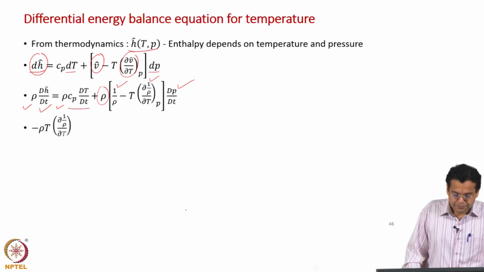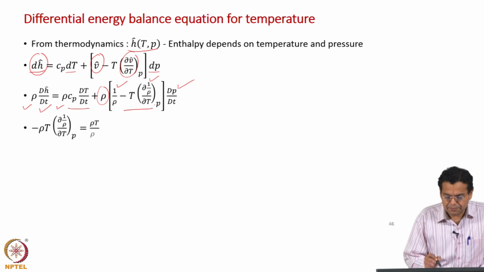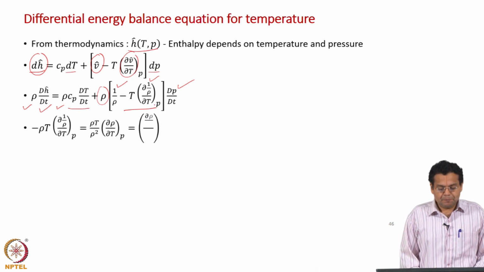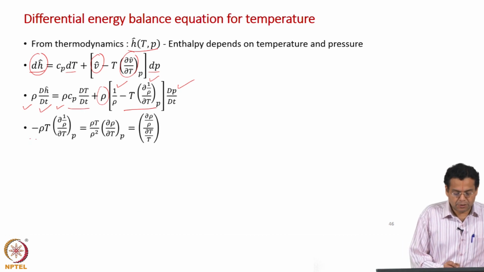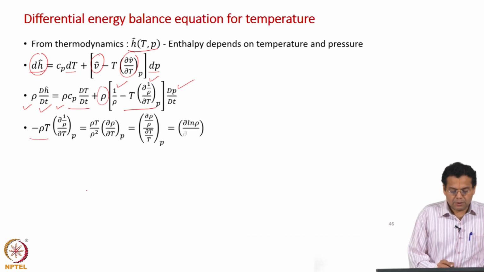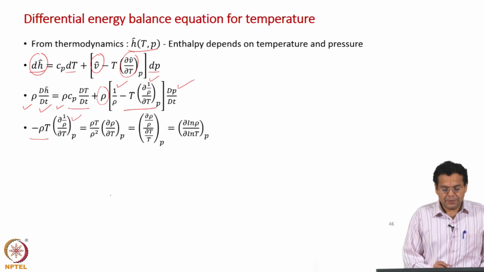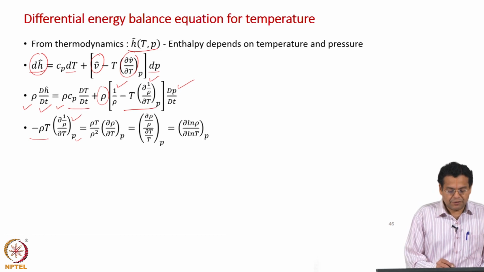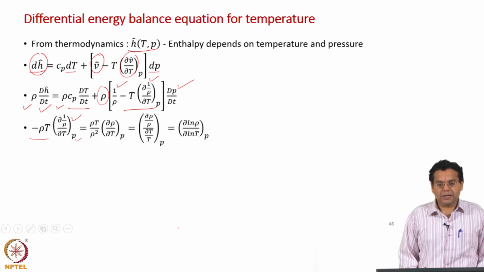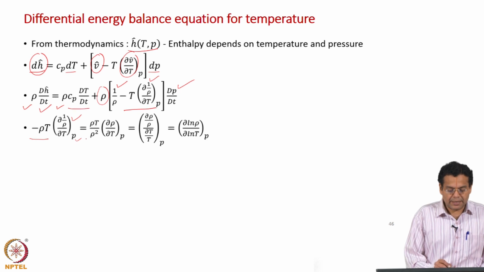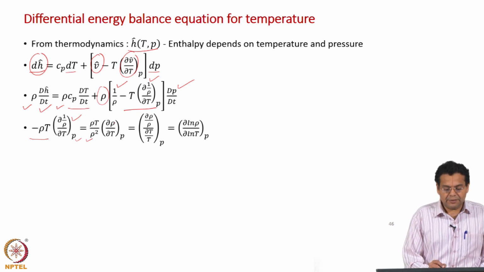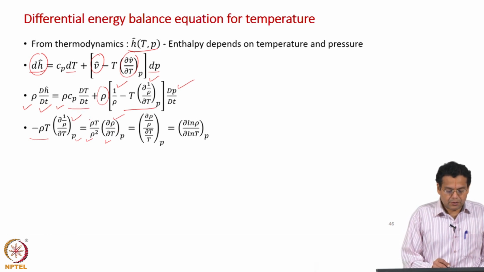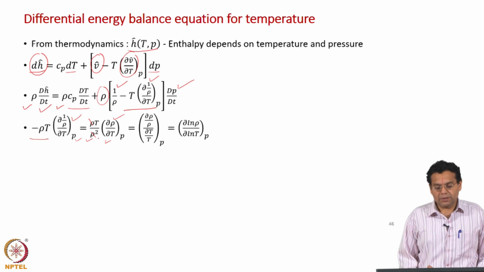Now, let us take this term multiplied by rho and simplify that. So, we have minus rho T dou by dou T of 1 by rho at constant pressure, and if you differentiate this, dou of 1 by rho, the minus becomes plus, and then 1 by rho squared, and then we have dou rho by dou T. Now rho cancels; we have one rho left in the denominator.